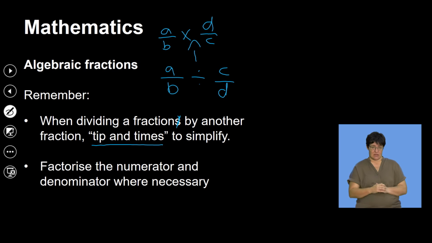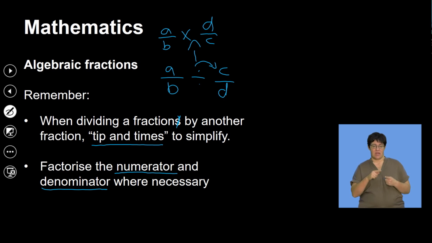So what's on the right-hand side of the division sign will then be tipped and times. Whatever was a numerator becomes the denominator. The denominator becomes the numerator. And then you need to factorize the numerator and factorize the denominator wherever it is necessary.